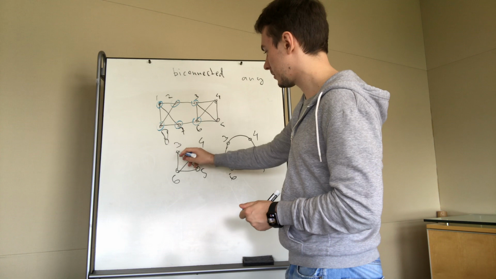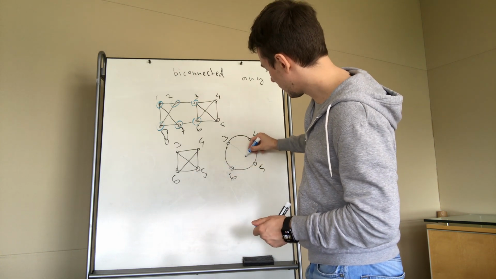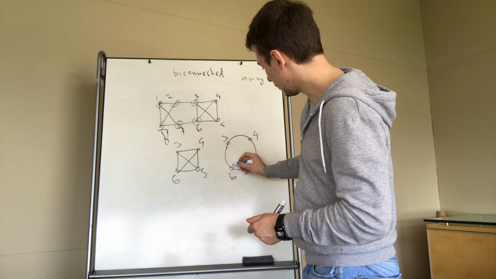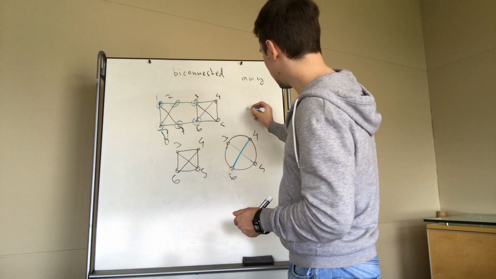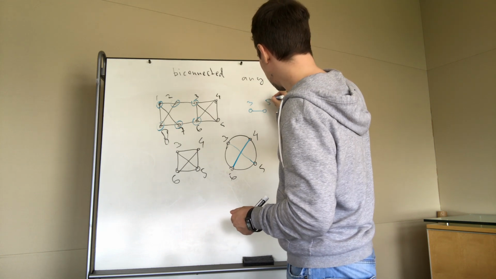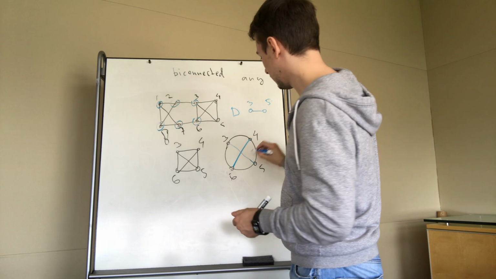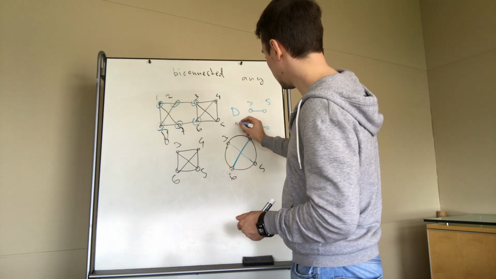And we have two subgraphs, 3, 5 and 4, 6. Let's say 3, 5 is D, and 4, 6 is E.